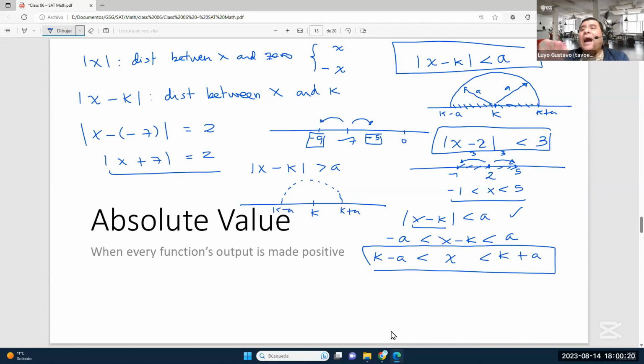X must be outside this region. So it could be here or it could be here. Any number in these shaded regions will be always more than a units away from k.